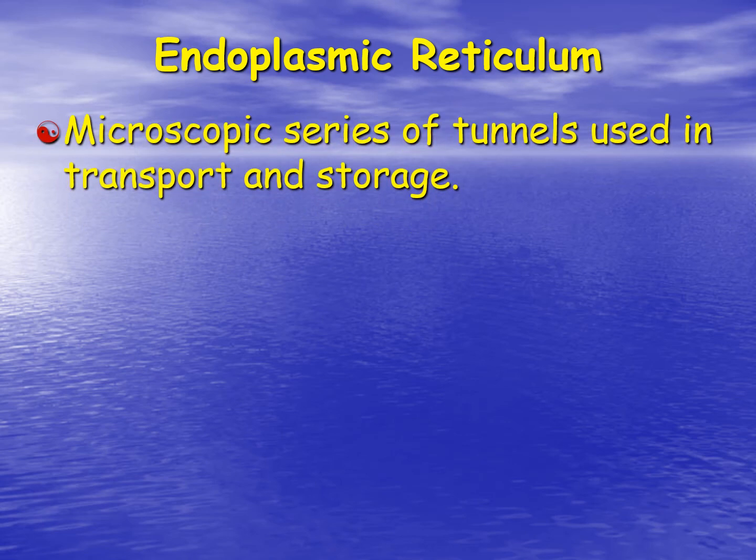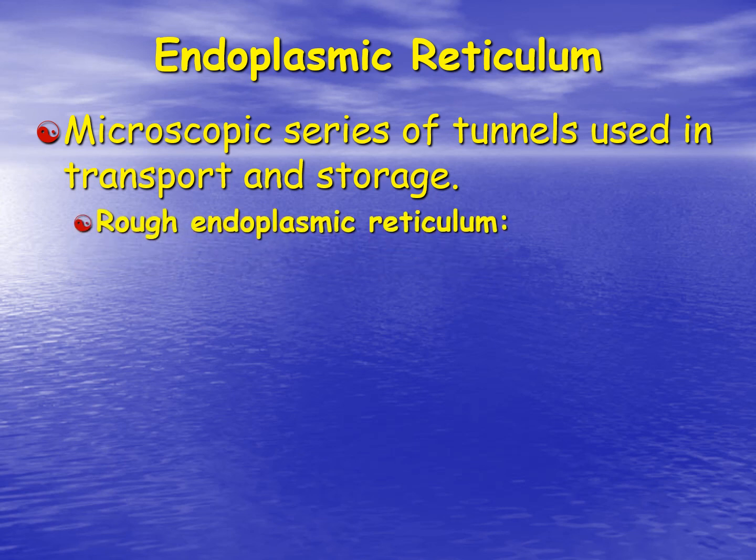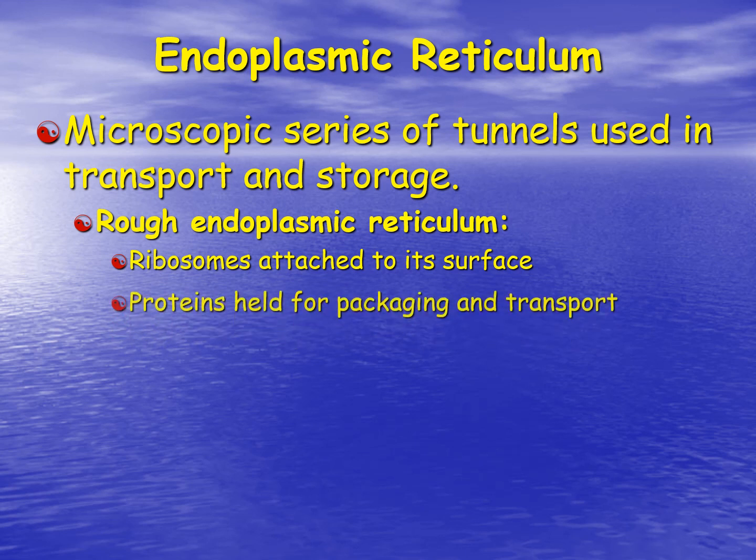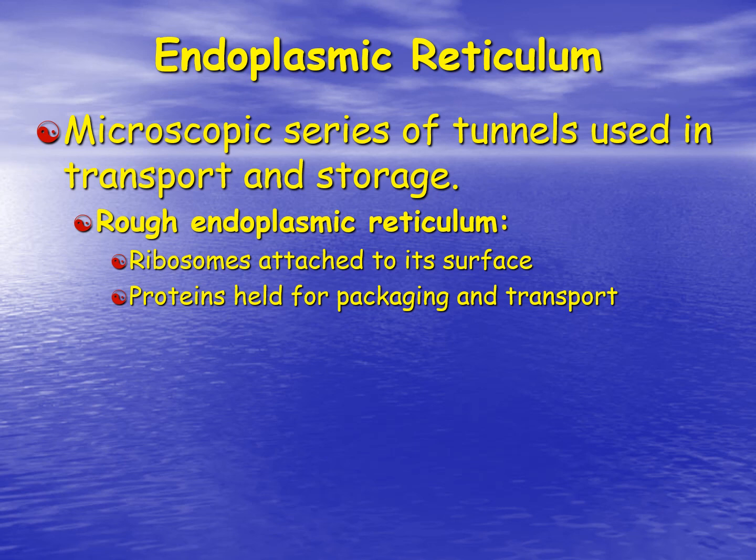The endoplasmic reticulum are a series of membrane-bound channels that run through the cytoplasm that are used in transport and storage of different substances. There's 2 forms: the rough endoplasmic reticulum that has ribosomes attached to its outer surface, and this is where proteins will be made and then held in the ER for packaging and transport.